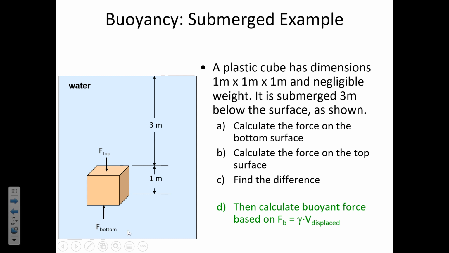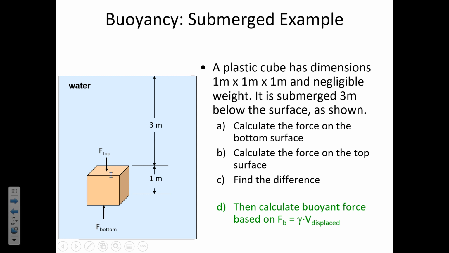And so the difference between the two, the net force between this big force on the bottom and the relatively smaller force that's acting downward, force bottom minus force top, is 9810 newtons.